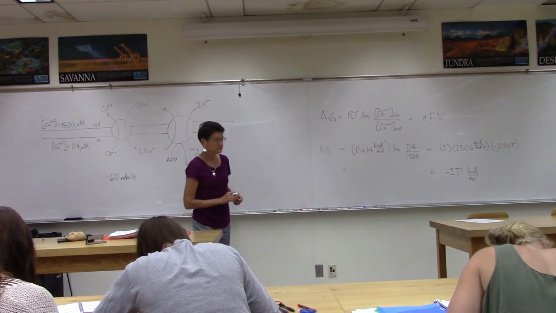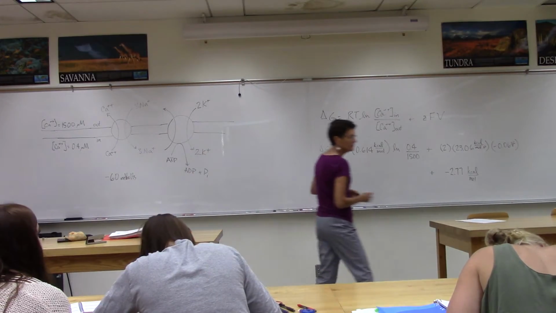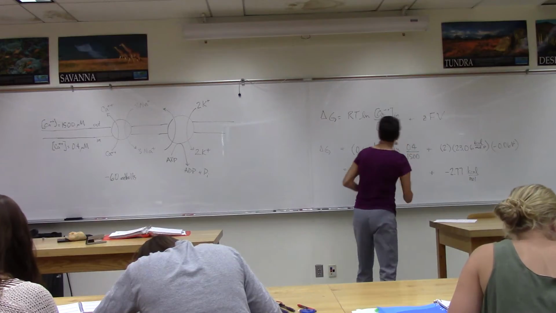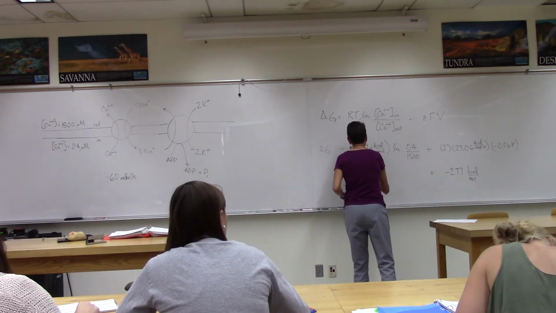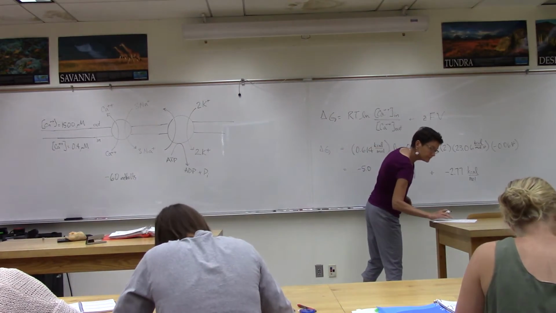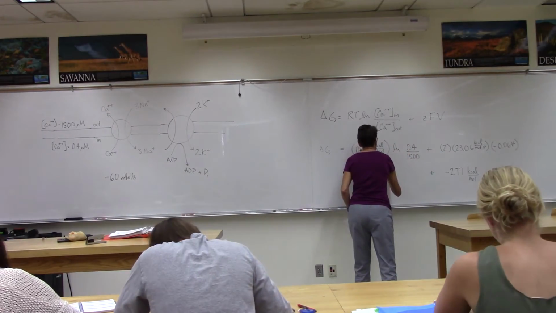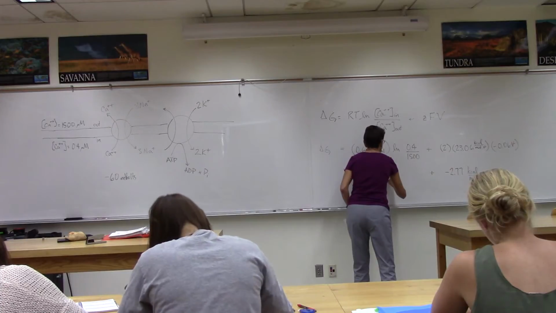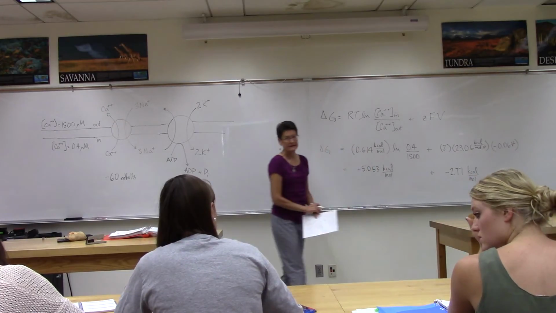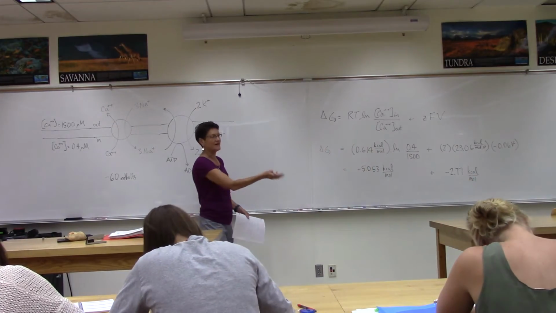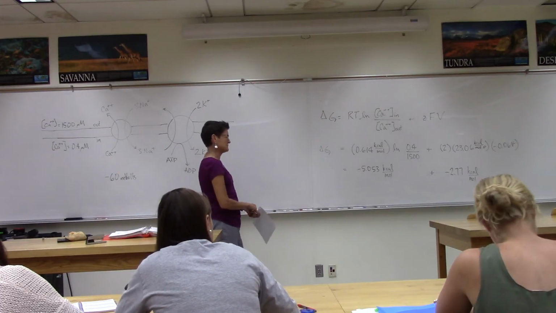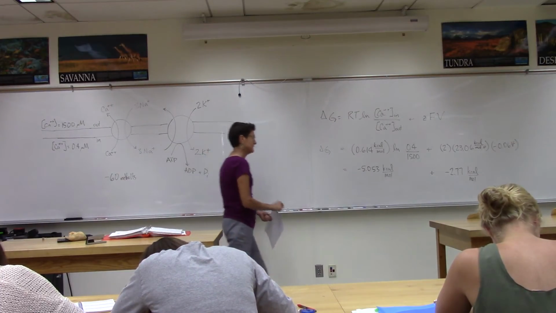This number, once I get it all whittled down, becomes minus 5.053 kilocalories. I probably want to look a little bit excessive in terms of how many significant digits. I would probably say 5.05, that's about it.